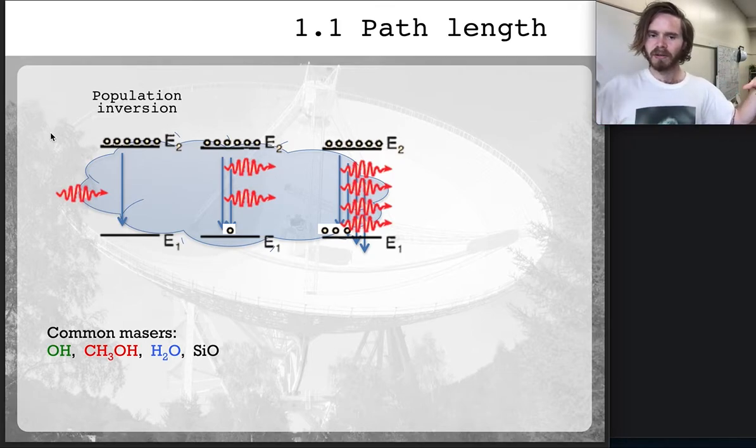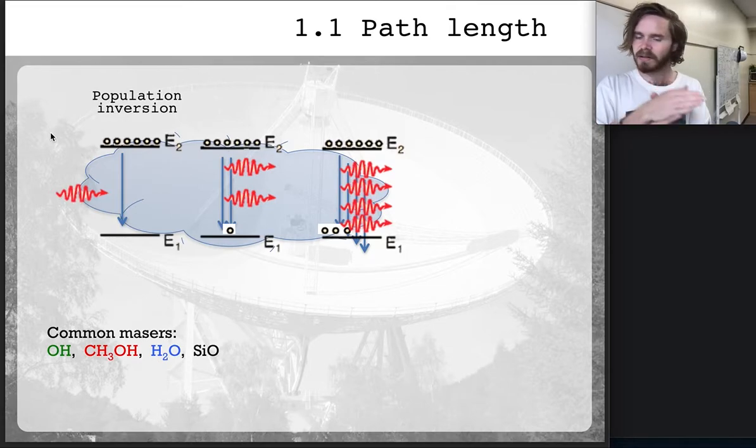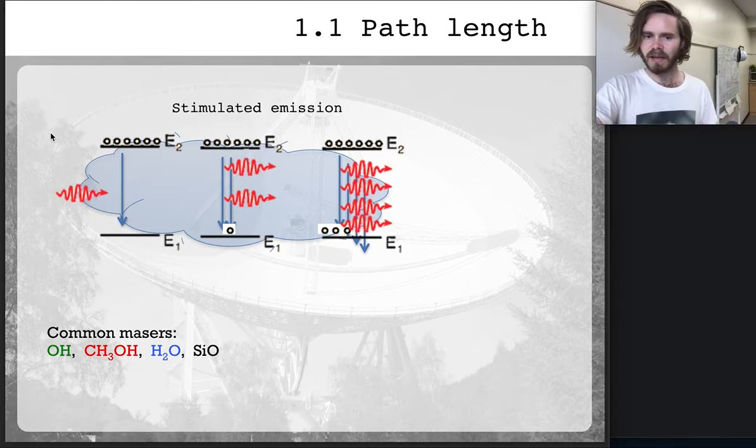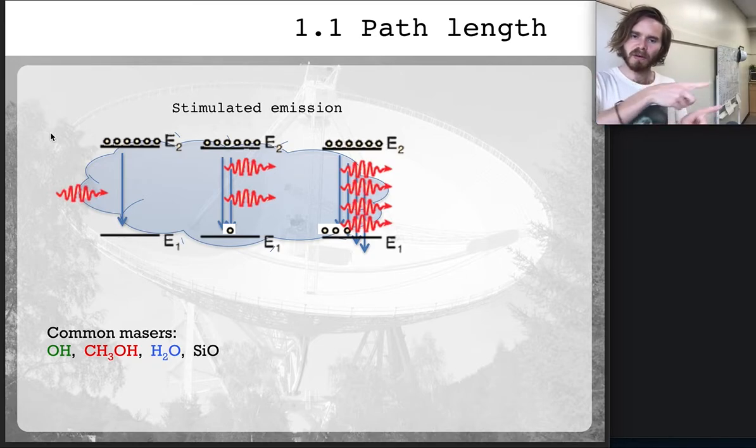So you have a photon that comes in, and it encounters this population inverted gas, and what happens is you have this stimulated emission, the maser emission. So this is kind of, say, here at level 2. So now you have 2 photons going through the gas.